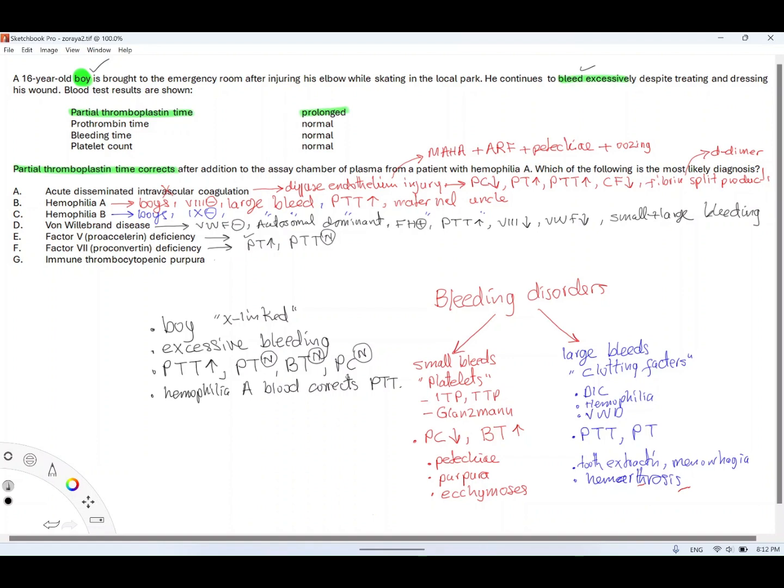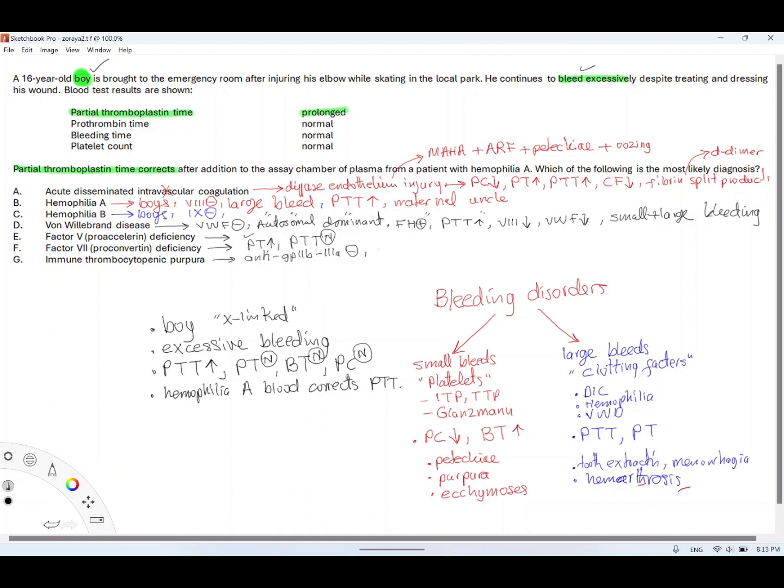Okay, and then we have immune thrombocytopenic purpura. In this case, we have an antibody, it's an autoimmune disease. Remember, glycoproteins are found on the surface of platelets, so glycoprotein 2b, 3a will be deficient. If this is deficient, that means platelets cannot aggregate.